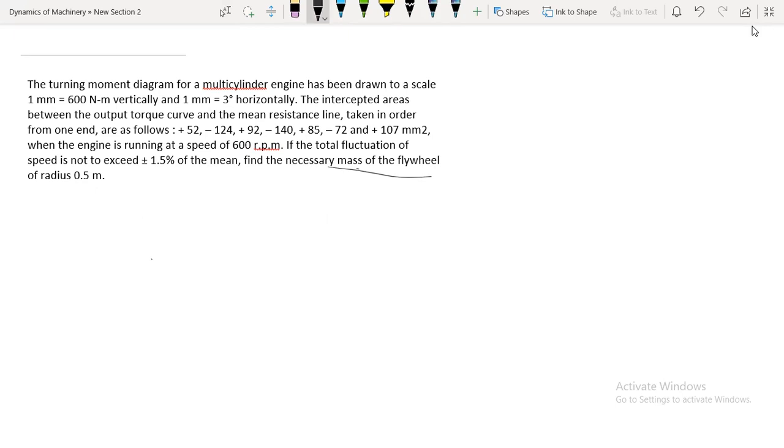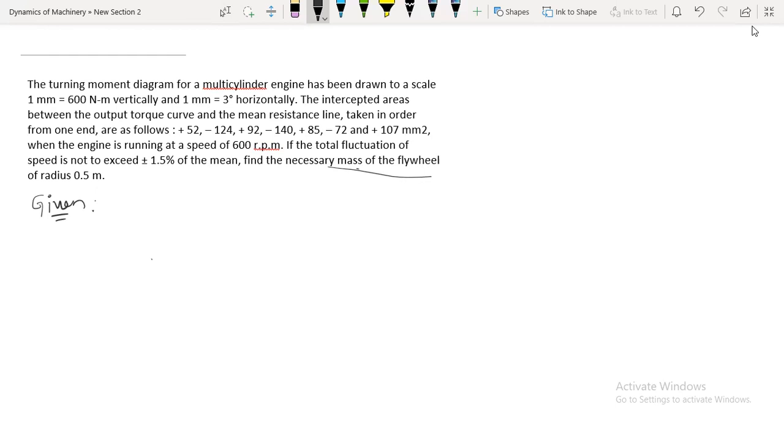Right. First of all, let us write down the given data. He has given the scale for turning moment as well as for the crank angle.